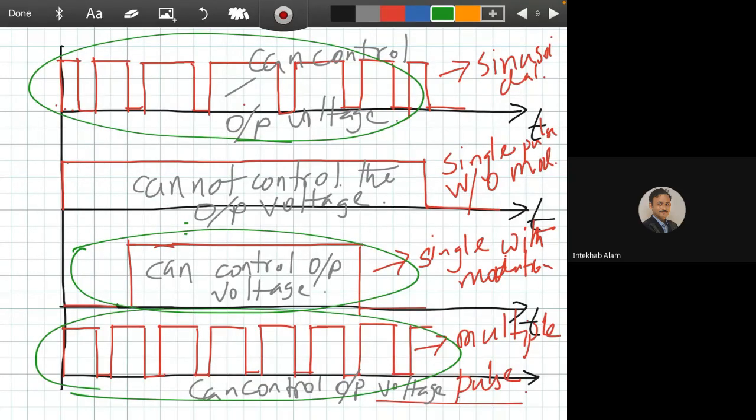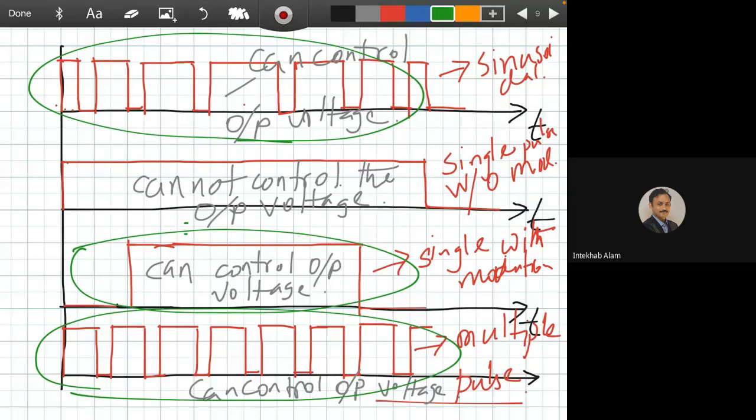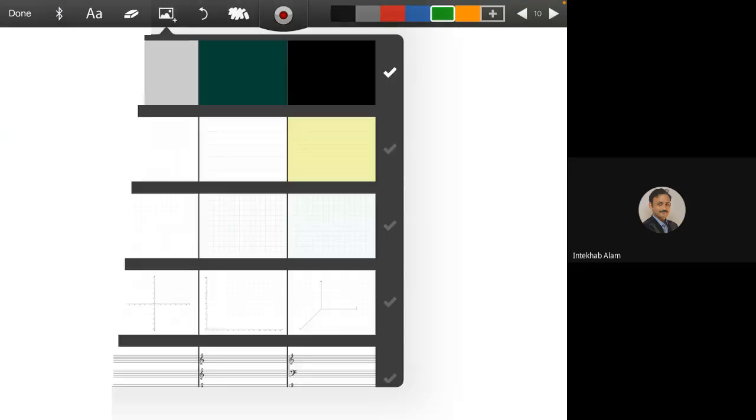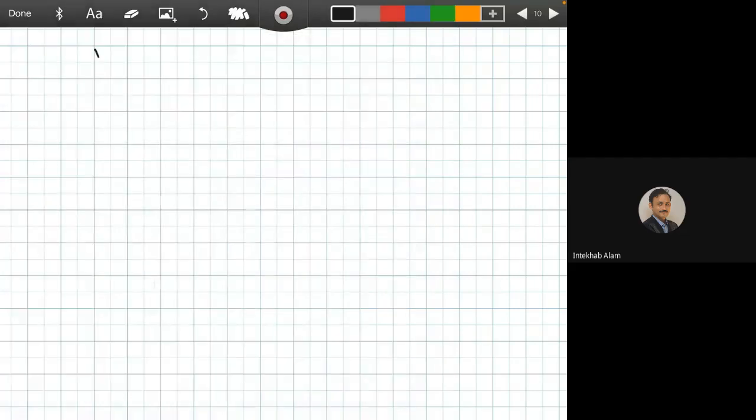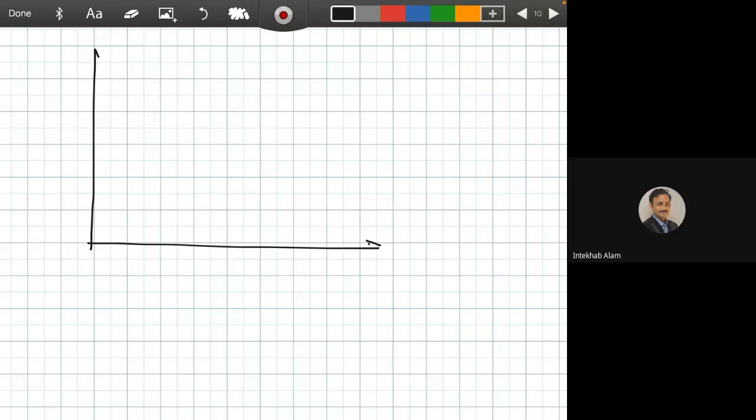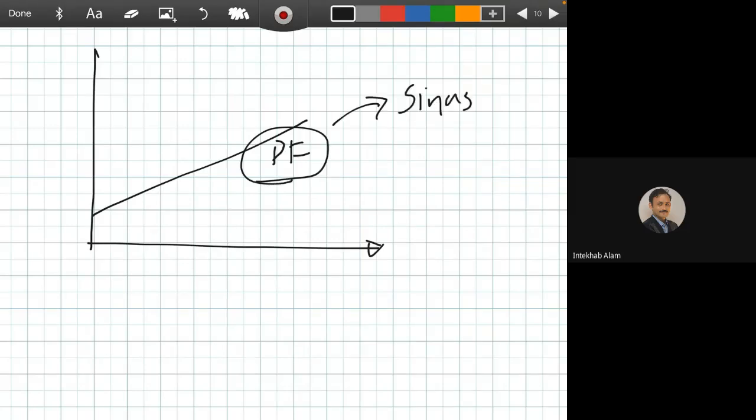So in a practical circuit, we use these three modulation techniques. Okay, so how can we find the distortion factor in the sinusoidal pulse width modulation? If we use the sinusoidal pulse width modulation, then the distortion factor is actually less than 1%. The distortion factor becomes less than 1%. It's a very small distortion factor. So for that reason, we use sinusoidal pulse width modulation.